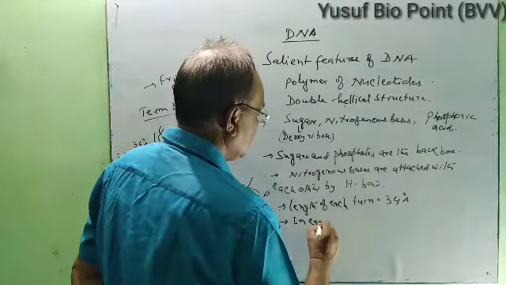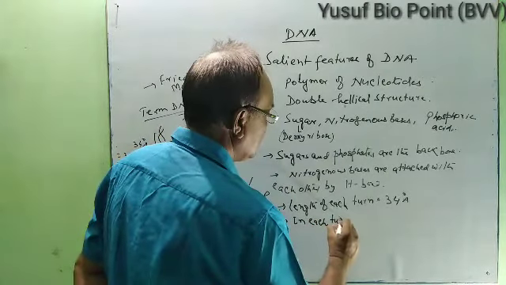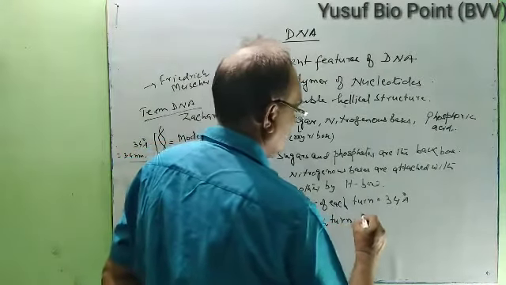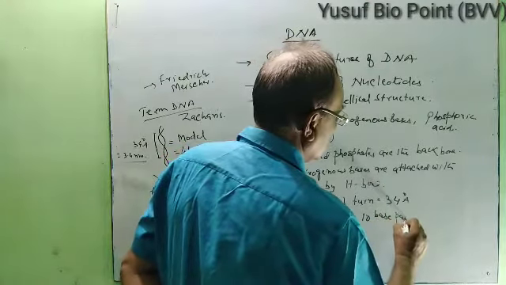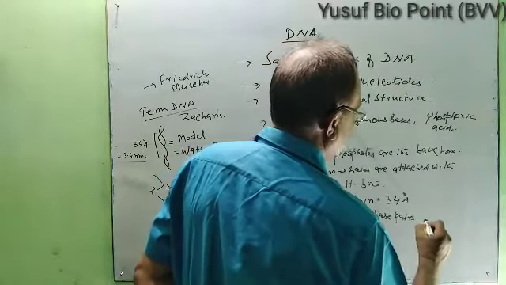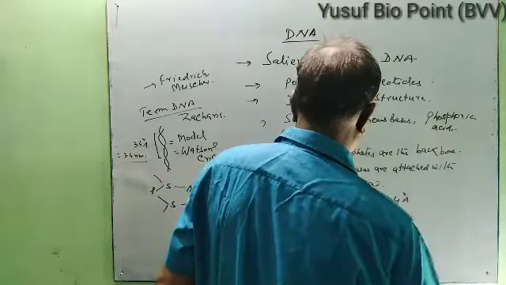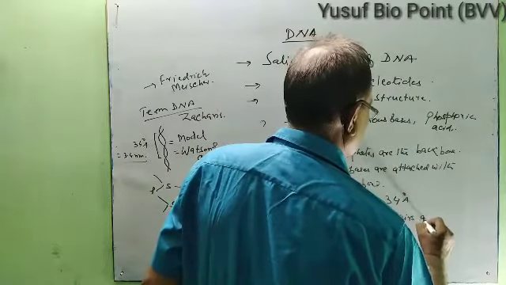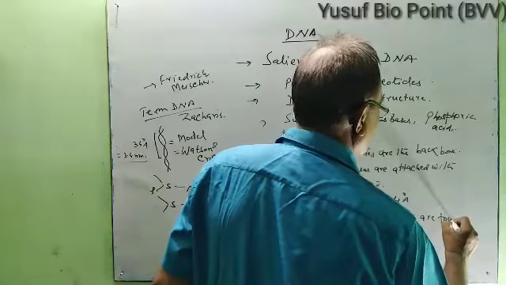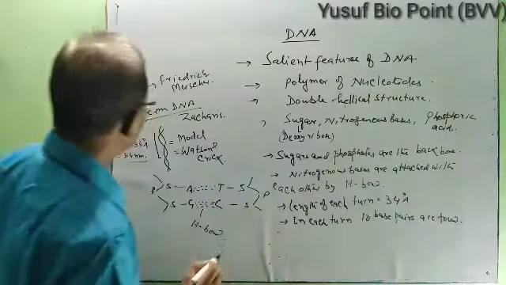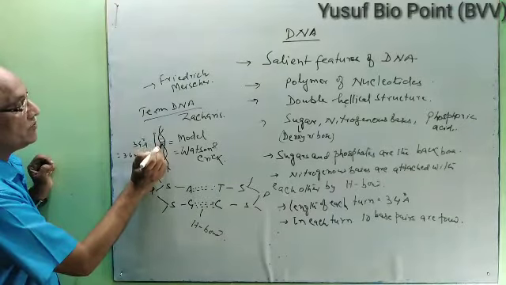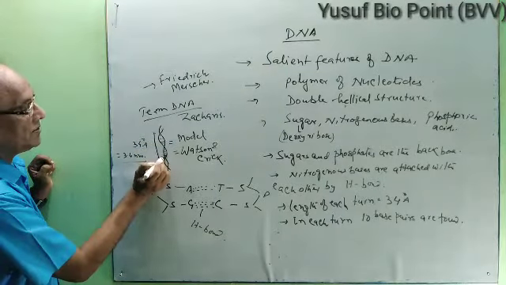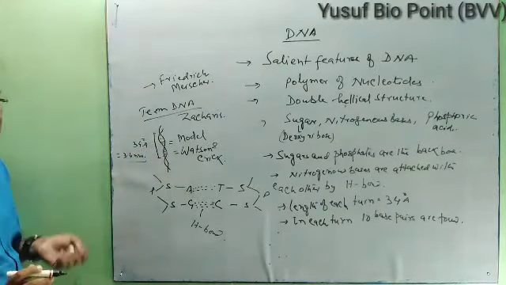In each turn, 10 base pairs are found. So, from this to this, 1, 2, 3, 4, 5, 6, 7, 8, 9, 10. 10 base pairs are found.